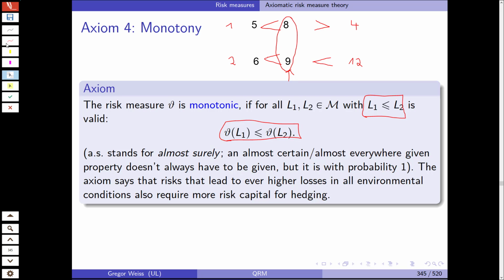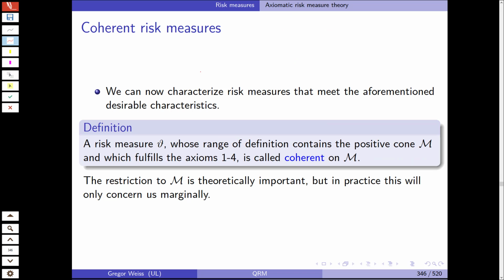That's monotony. Okay. Now, if we have axioms 1 through 4 fulfilled by a risk measure nu, this risk measure is famously called a coherent risk measure on M. That's why the paper by Artzner, Delbaen, Eber and Heath is also called Coherent Measures of Risk.